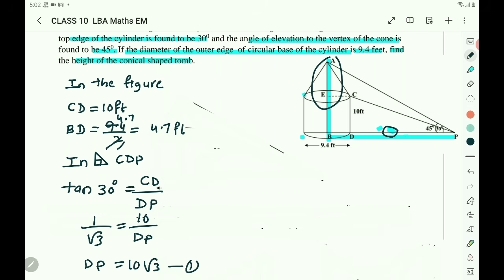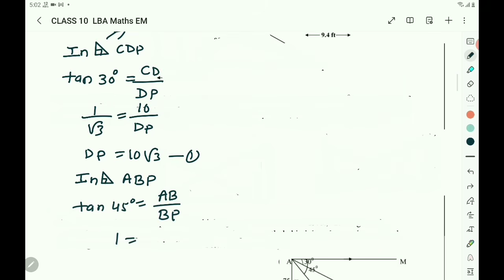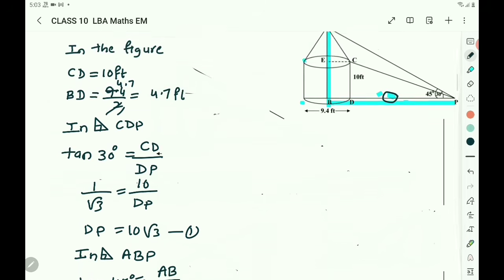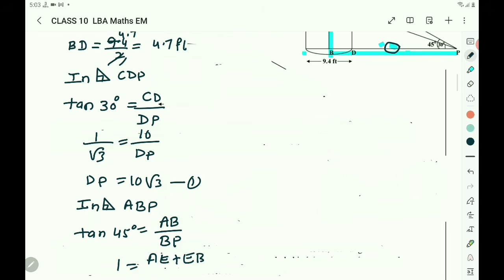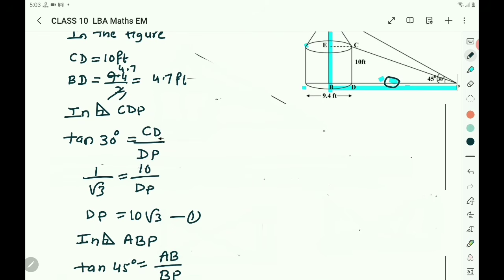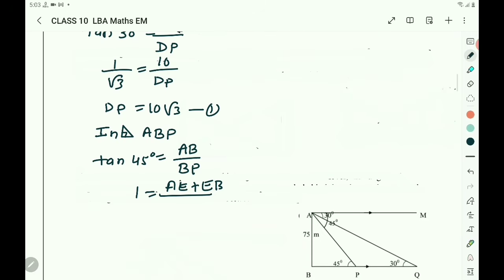AB is equal to what? AE plus EB, which is equal to 10, right? AE plus EB by BP is equal to what? BD plus DP.